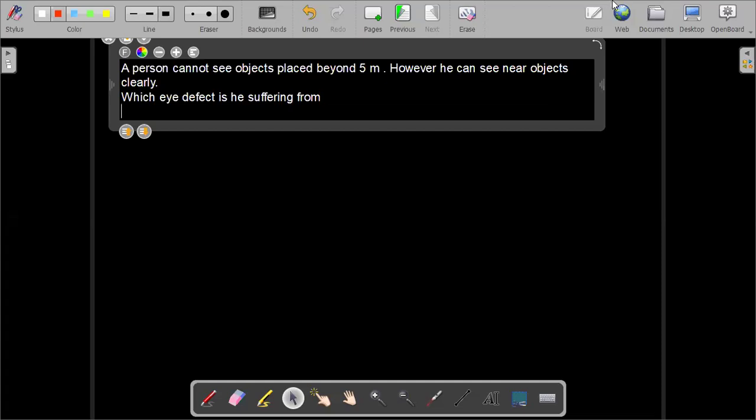Then you have to also find the focal length and power of lens required for correction.